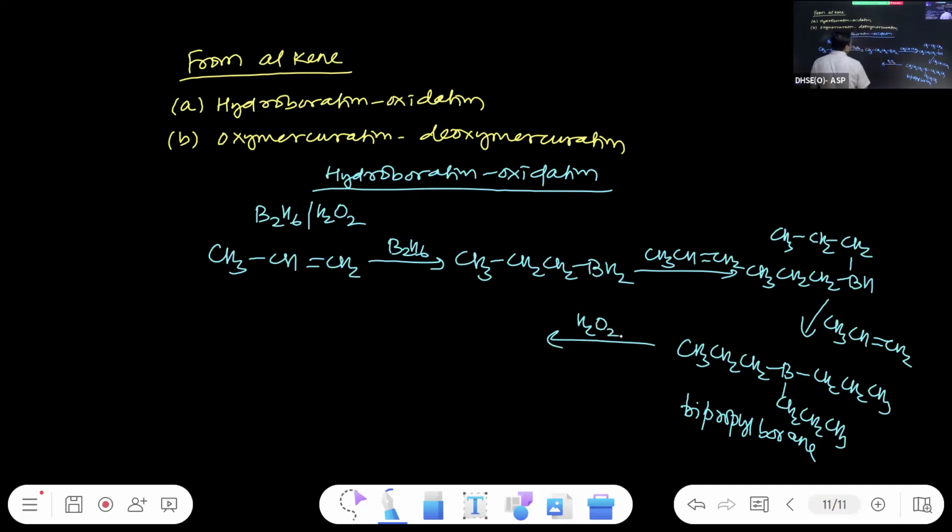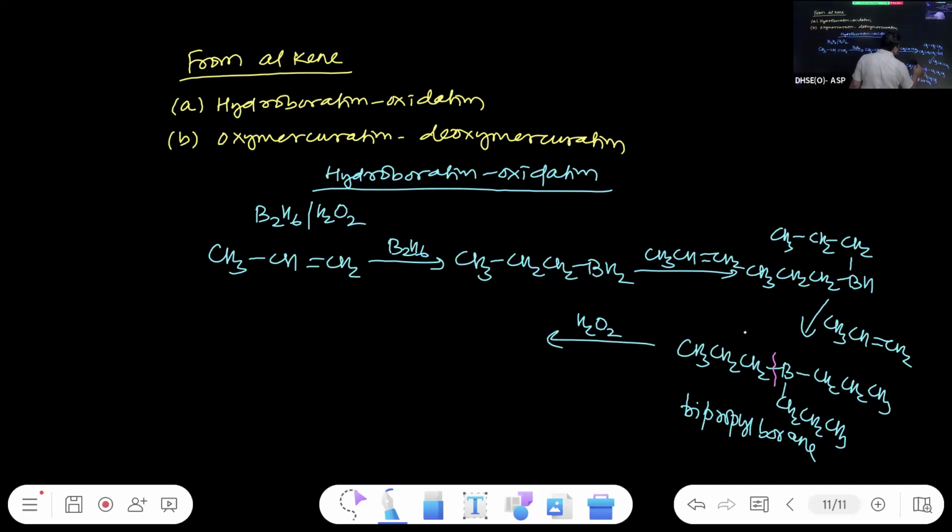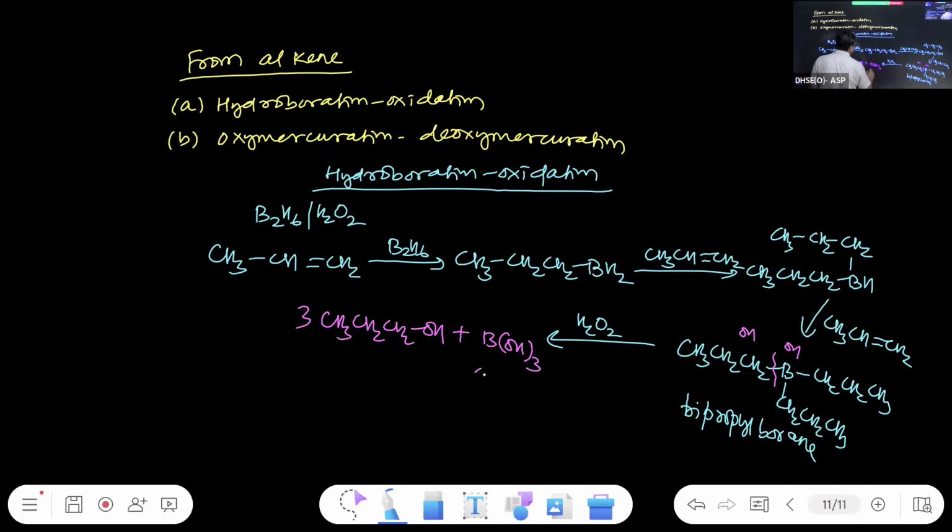It can be oxidized even in the presence of a mild oxidizing agent, which is H2O2. So we have to keep this in mind. OH will come on both sides of this bond, that is, with the alkyl group OH, how many? 3, and with boron 3 OH, and we have to write H3BO3. So this is known as hydroboration oxidation.